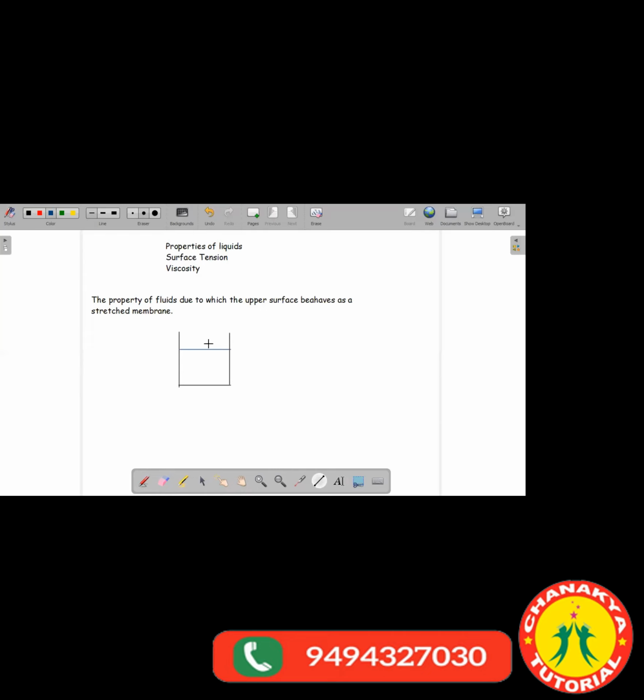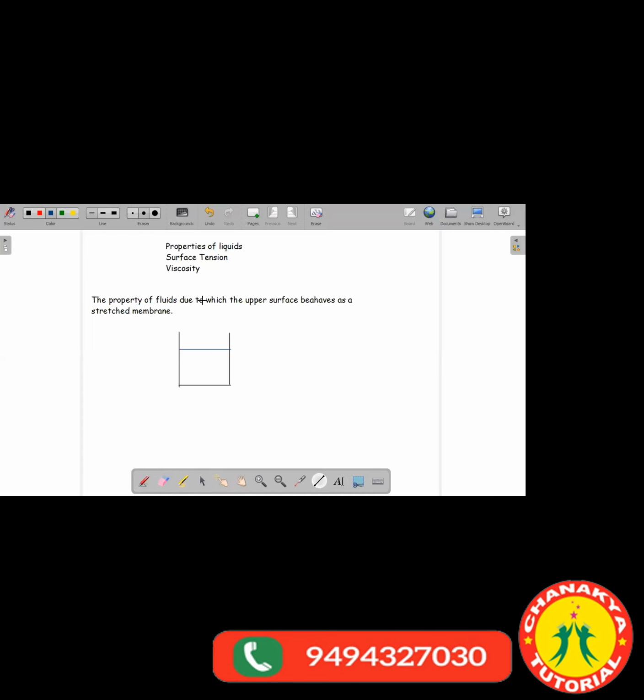So how do we observe it? If you take a paintbrush and put that brush inside water, you will see all the bristles are clear apart. They will be far apart. But if you pull out the paintbrush outside water, you will observe that all the bristles stick together.